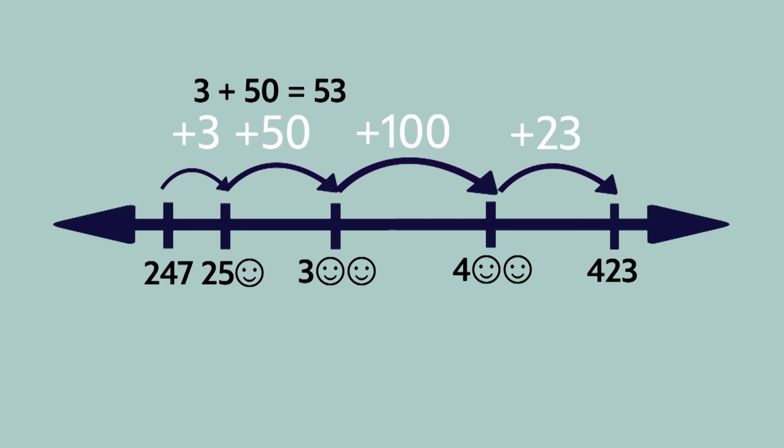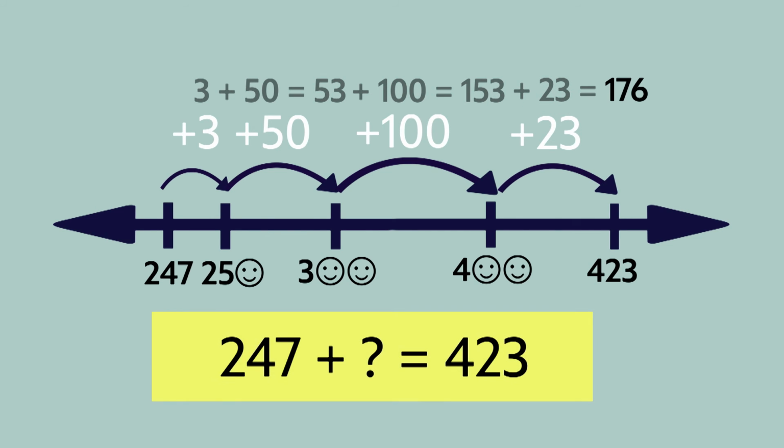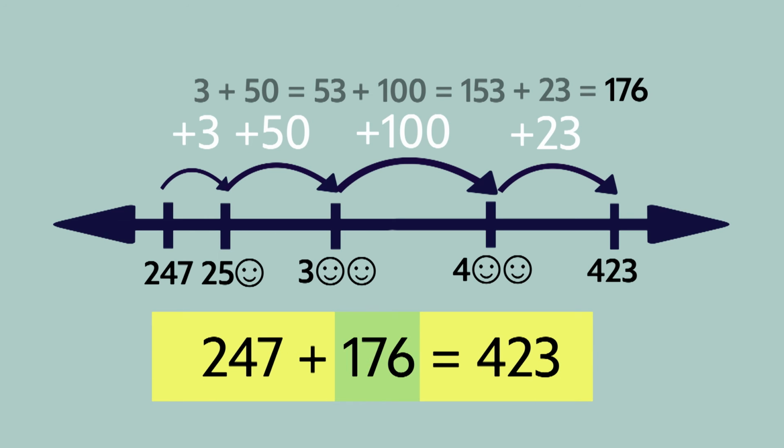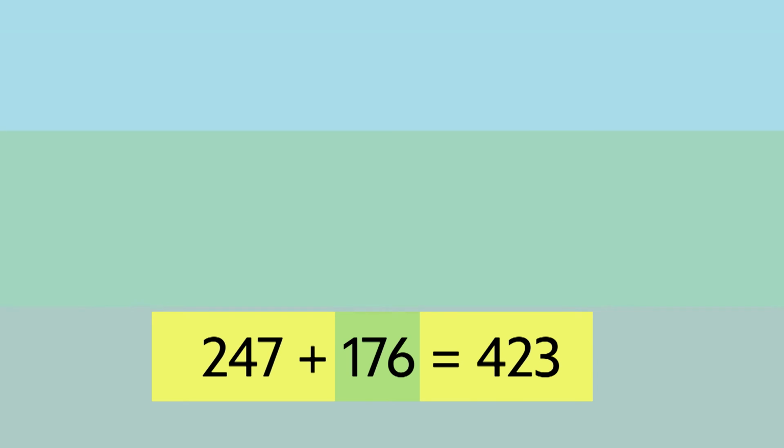And then 53 plus 100 equals 153. And 153 plus 23 equals 176. So 247 plus 176 equals 423. So Angela needs to get 176 points to tie with her brother.